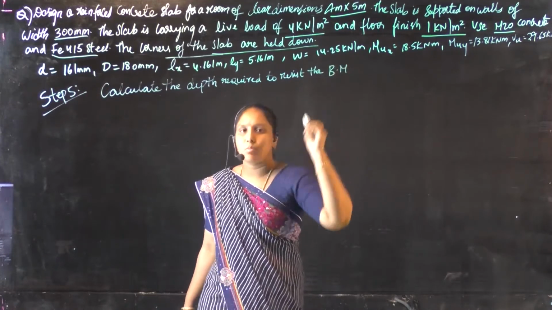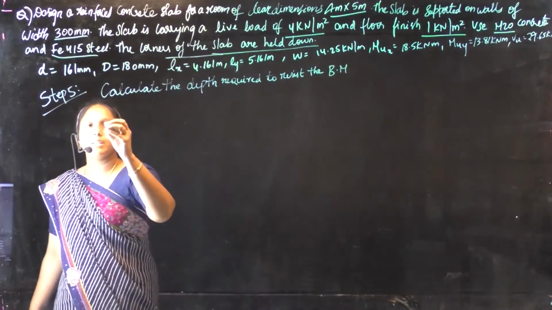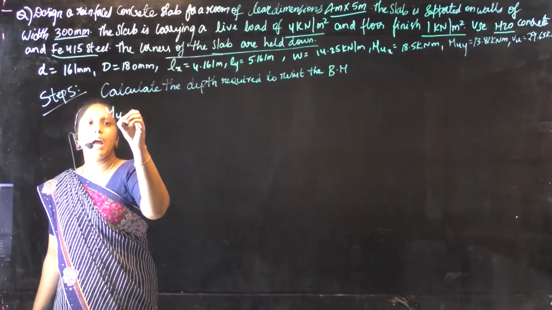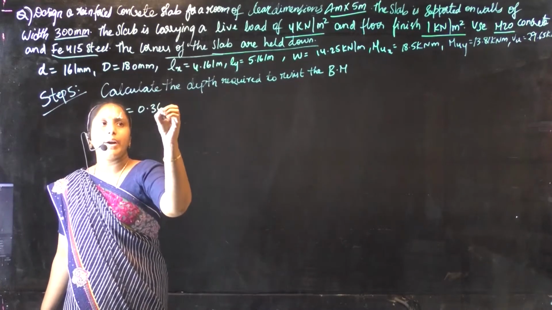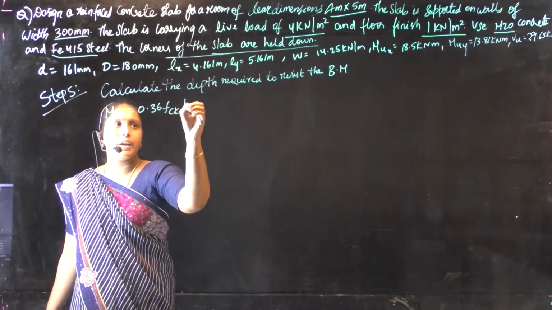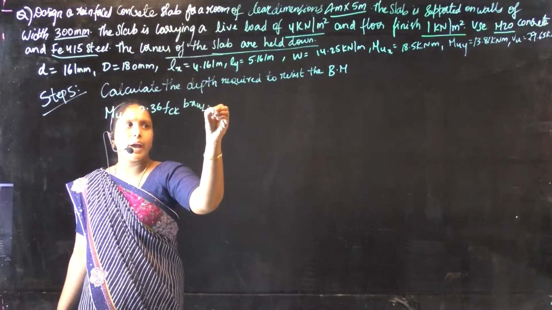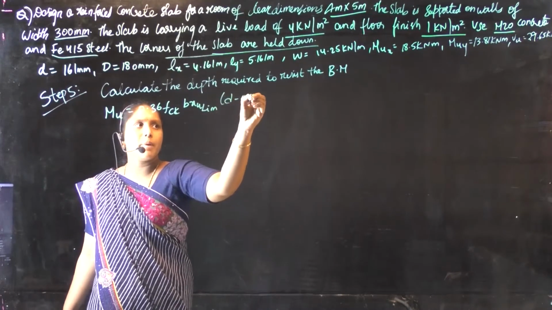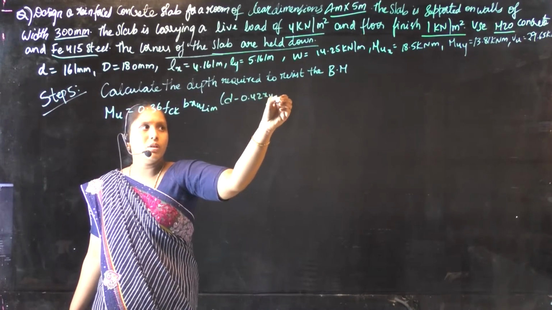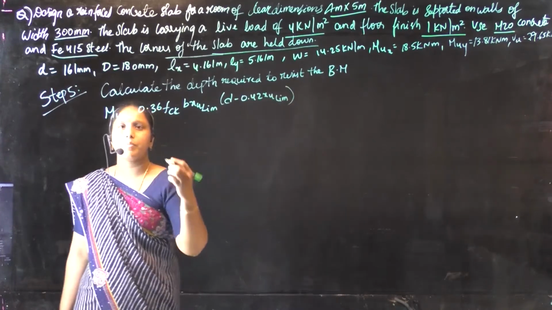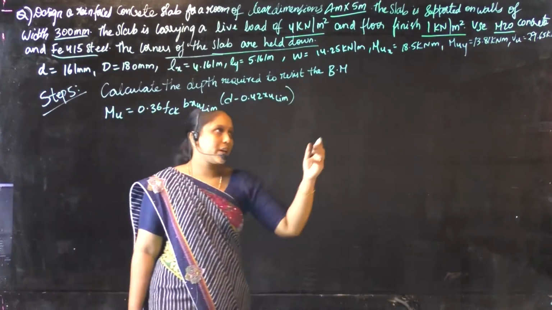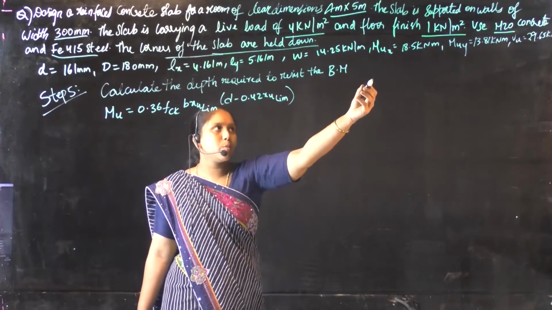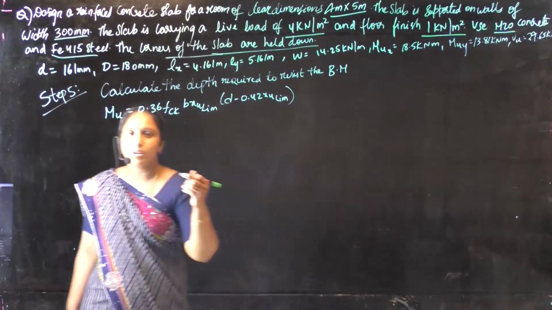So how we will calculate this? Mu is equal to 0.36 into fck into b into xu limit into d minus 0.42 into xu limit. So mu here, what will we take? We'll take the maximum moment, and the maximum moment is 18.5 kilonewton meter.